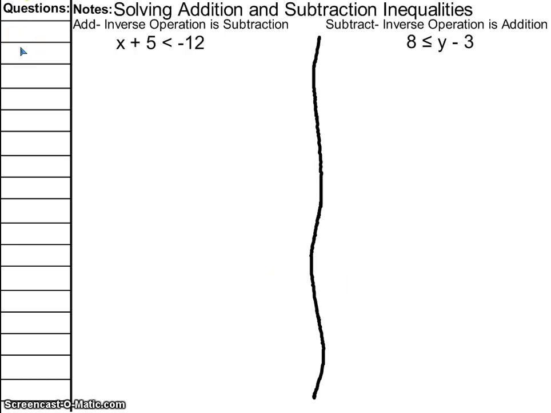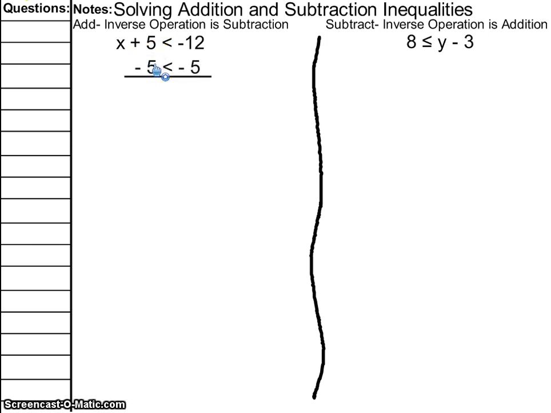Now we're going to talk about how to solve addition and subtraction inequalities. It's very similar to when we're solving for variables in regular equations. But instead of having just one specific answer, we're going to have many different answers for our variable. So here we have x plus 5 is less than -12.